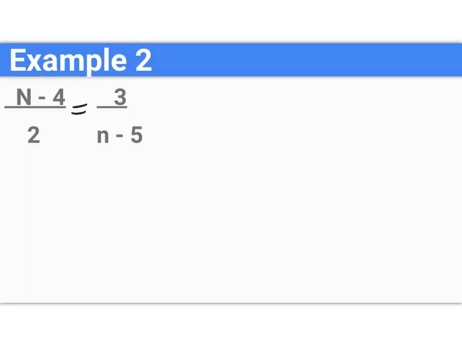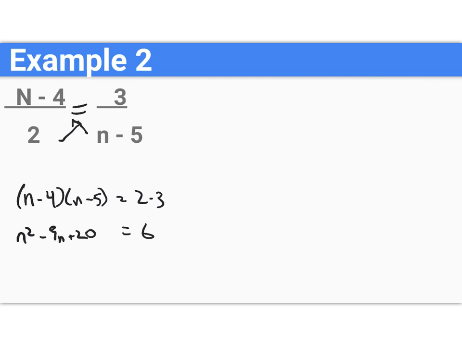Okay, looking at our second example, since these are set equal, we're just going to cross multiply. We get n minus 4 times n minus 5 equals 2 times 3, which is 6. So you get n squared minus 9n plus 20, subtract 6, n squared minus 9n plus 14 equals 0. Then n minus 7 and n minus 2 equal to 0.